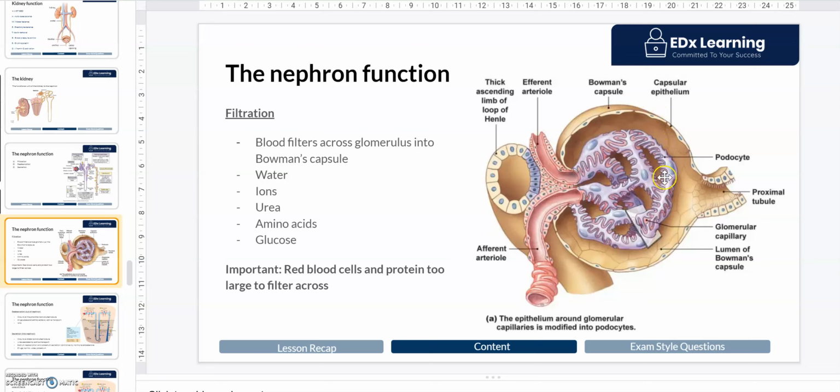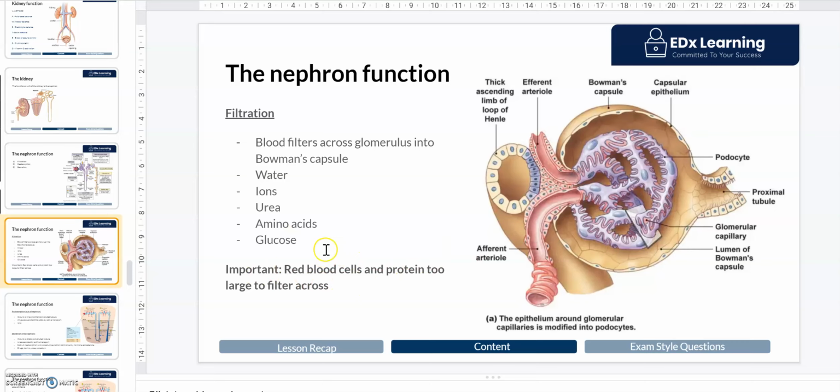So very important to note, filtration occurs here, and everything moves across. Your waste products, your ions, water, even the nutritional products, including glucose and amino acids. So examiners love to test what doesn't pass out of this capillary network, which is a glomerulus. The two substances that do not move out of the glomerulus are the red blood cells and the protein.